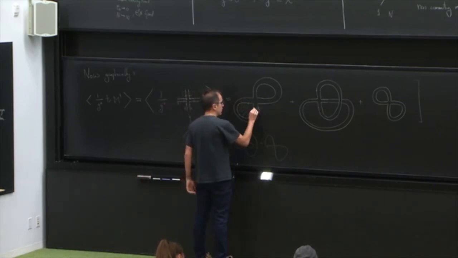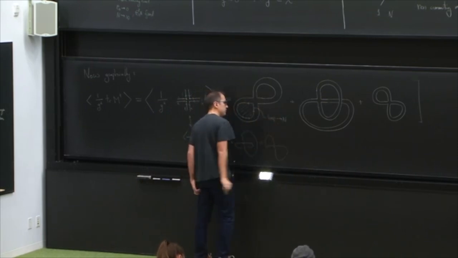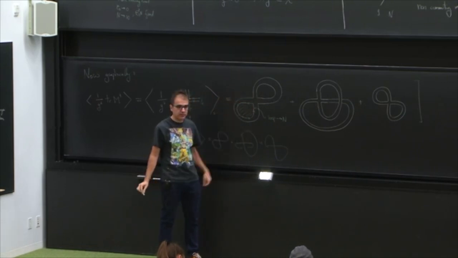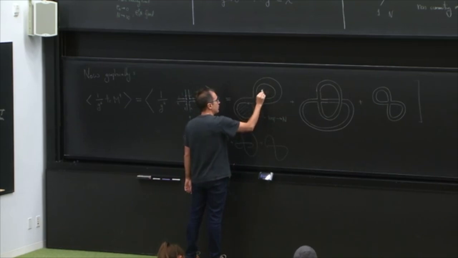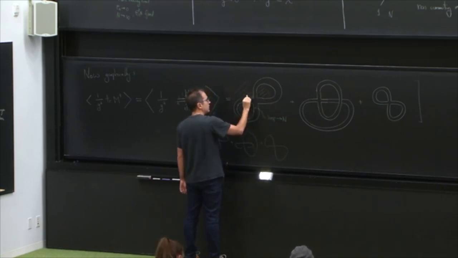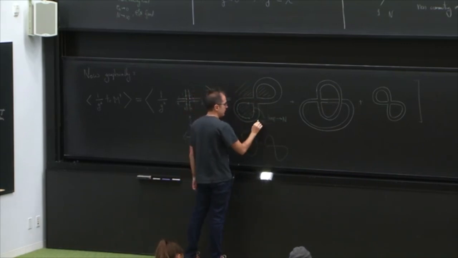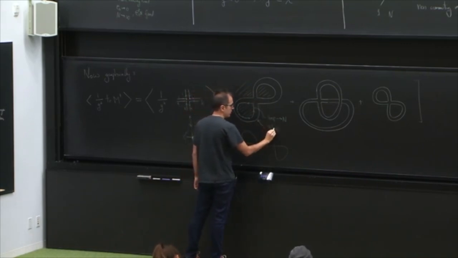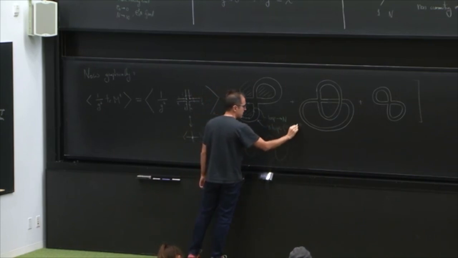So here you have a loop, and you get n, because this loop can take any of n values. And how many loops do you have? You have a loop here, you have a loop here, and you have a loop for the outer line. Right? And so you get 3 phases or 3 loops, and therefore n cubed.